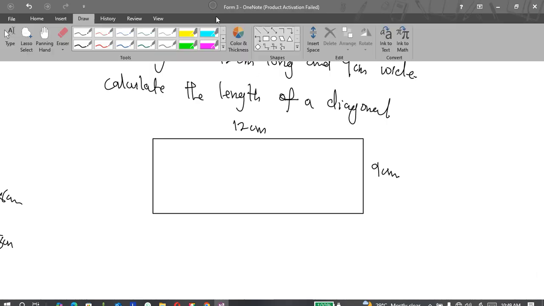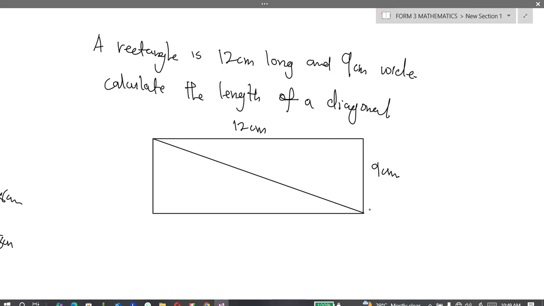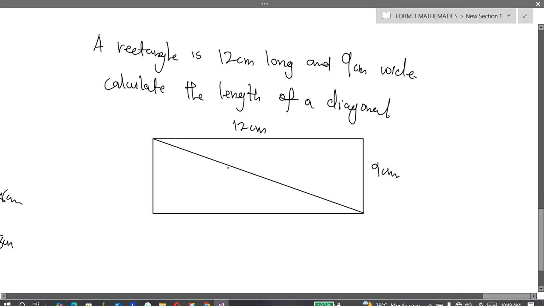So how are you going to find the diagonal? It simply means the hypotenuse. When you take a rectangle and divide it diagonally, you get two right-angled triangles. The question asks us to find the diagonal, which means this side. You know that opposite sides of a rectangle are equal, so if here is 9 centimeters, here too will be 9 centimeters. If here is 12 centimeters, here too will be 12 centimeters.